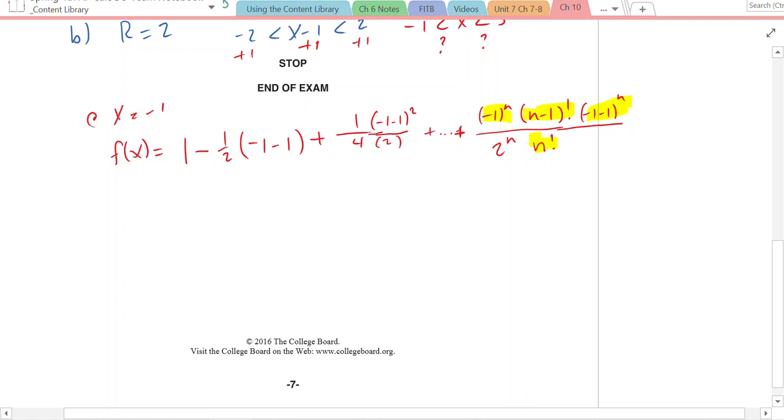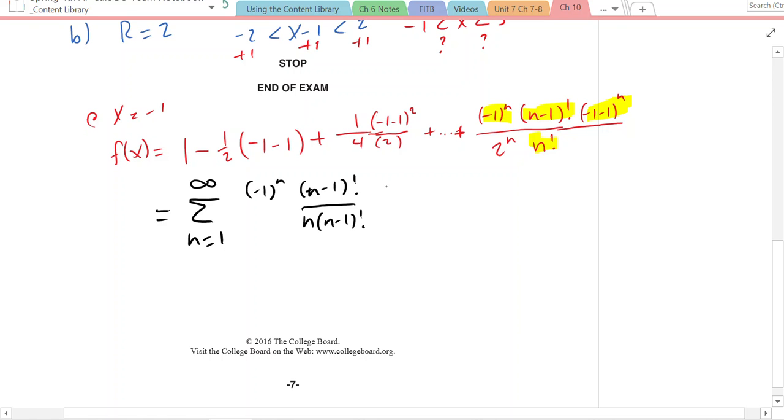We're going to simplify it, but we're going to say it's the summation of n equals 1 to infinity, and then we have negative 1 to the n power, and then we have n minus 1 factorial, and then we're going to divide this by n times n minus 1 factorial.